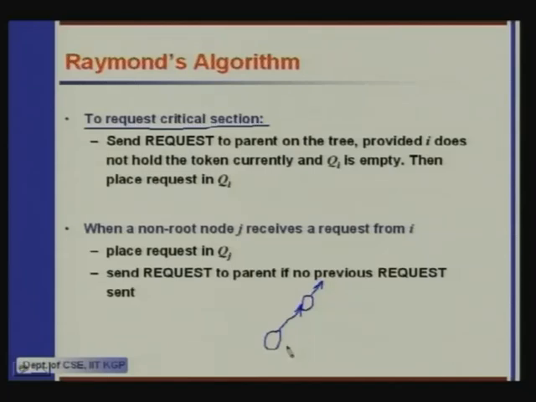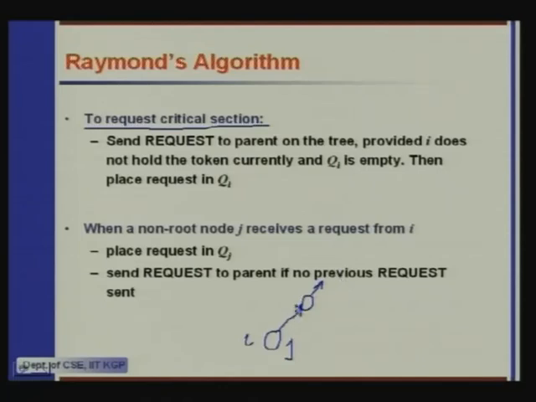That is not important. All that is important is that this node knows that the process I has made a request and it will put that request in its queue Qj, right, and it is going to send a request for the token to its parent, right.